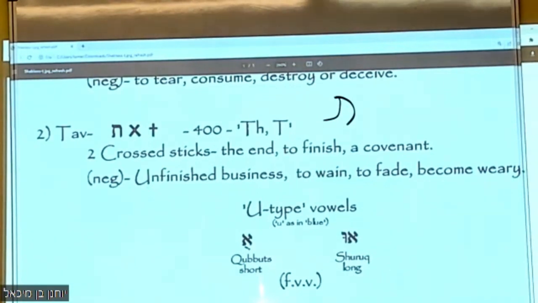But again, like I said, in modern understanding, it doesn't have that feminine aspect that it did in biblical Hebrew. I'm not really concerned with the politics behind why they do things. Anyway, so that's the Tav, okay?